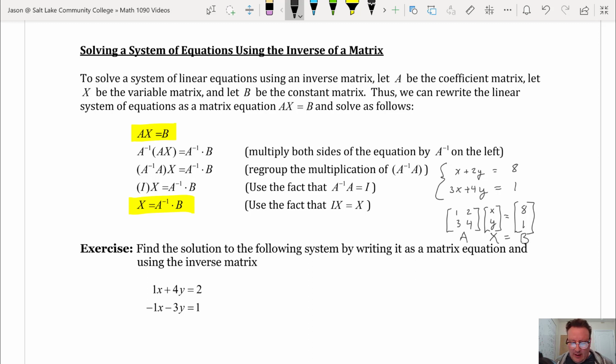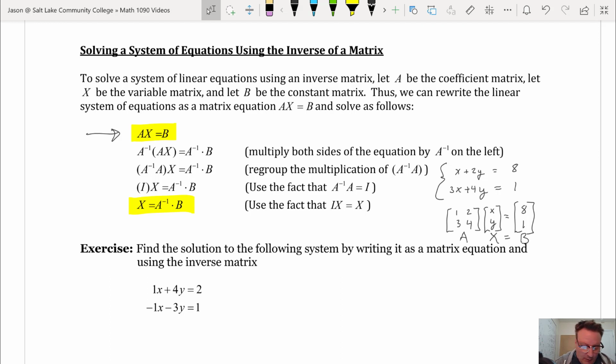Okay. Now, algebraically, the idea is, if we multiply both sides of this equation by A inverse, multiplying from the left, we get this next equation. Simple enough.